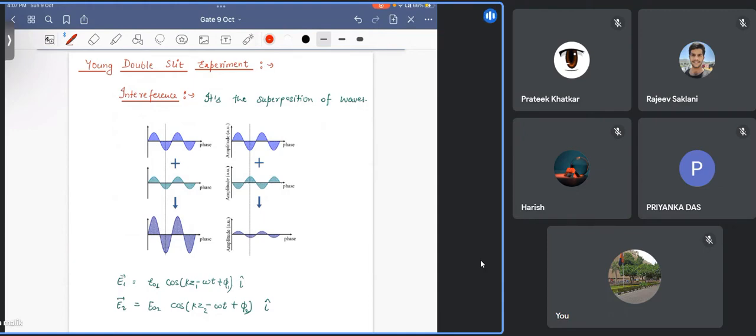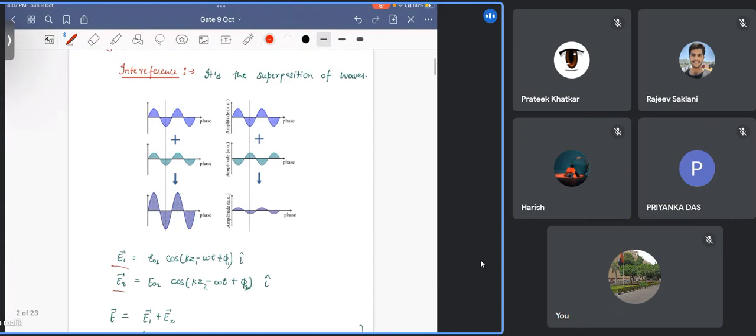Whenever you have two or more waves, you have seen these can be represented by the E1 vector and E2 vector in previous EMBF classes. Whenever you have two or more waves, they will superimpose on each other, and the resultant amplitude will be larger or it may be smaller than the individual wave, depending on the phase difference between these two waves.